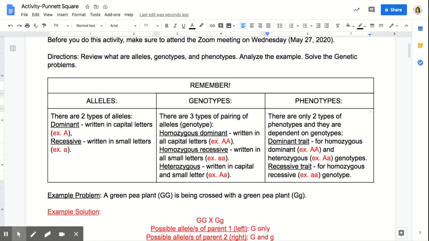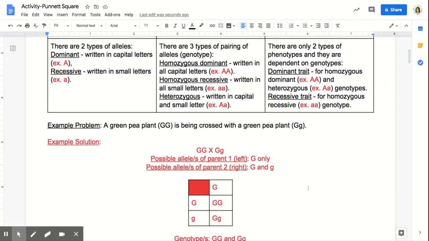Remember, in heterozygous, even if it's a combination of a dominant and recessive allele, what will be shown is the dominant trait. And we have the recessive trait, which is shown by only one genotype, homozygous recessive, a pairing of two recessive alleles. So let's now have this example.